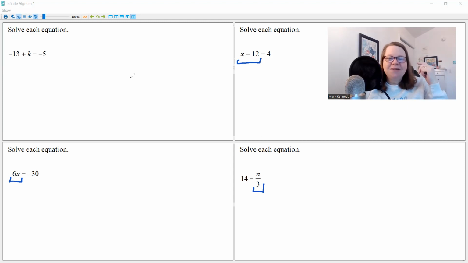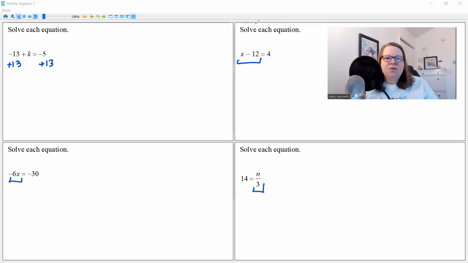What I want you to do is think, I have to do the opposite, because you're solving a puzzle. You're having to work backwards. So if it says plus, I need to do the opposite. I need to subtract a negative 13. That just means I'm going to do the opposite of negative 13. It says negative 13, so I'm going to put plus 13.